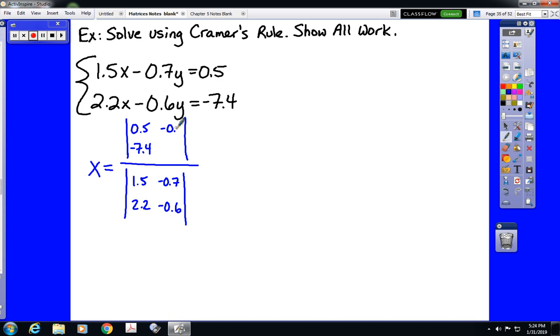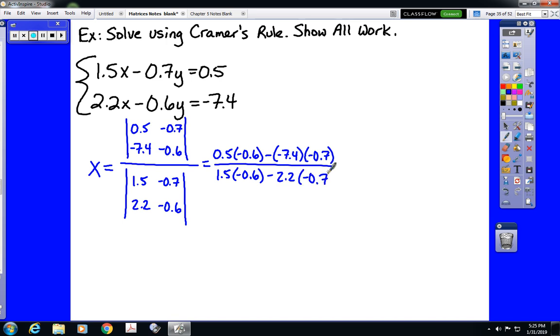The y column will remain the same, so negative 0.7 and negative 0.6. So again, that process is always the same, 0.5 times negative 0.6 minus negative 7.4 times negative 0.7. On the bottom, we'd have 1.5 times negative 0.6 minus 2.2 times negative 0.7.